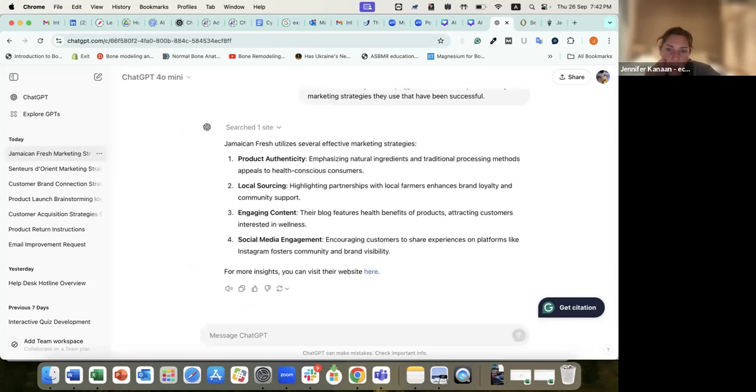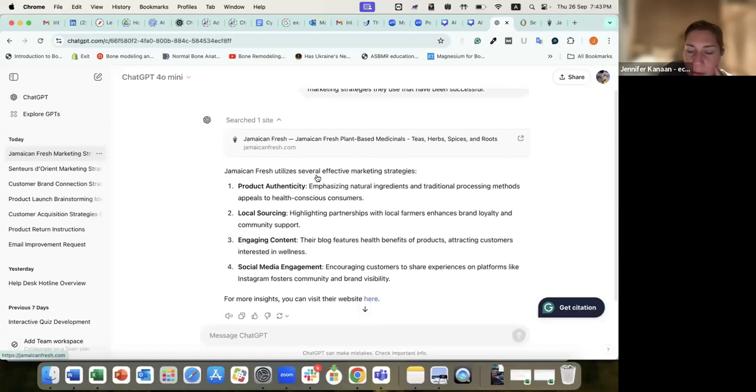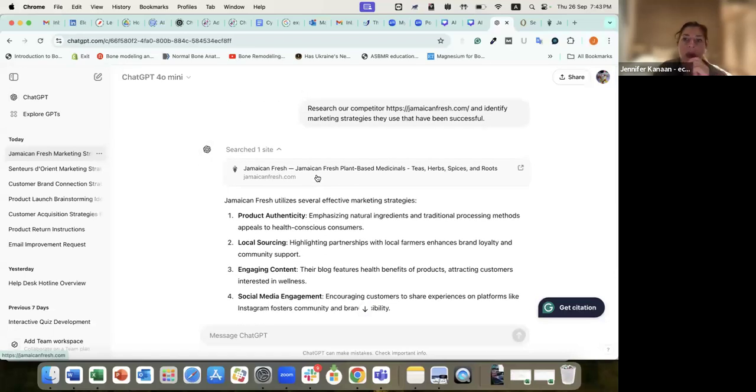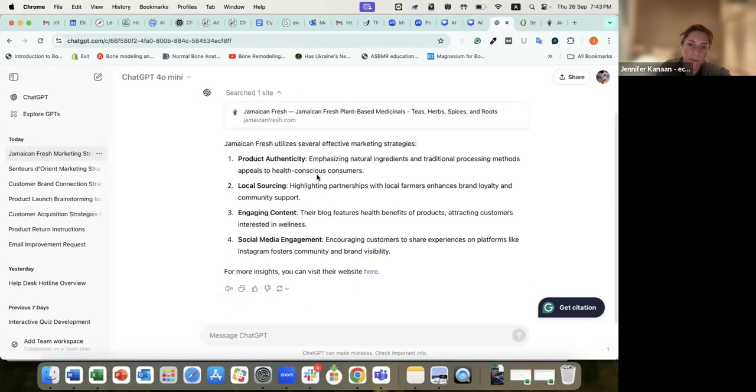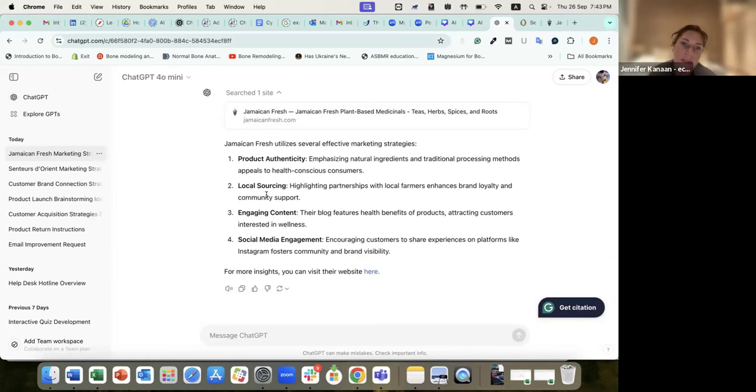Okay, so this is a little bit shorter. I'm assuming because yeah, it's a smaller competitor maybe. So what they did is that they researched their site because apparently there are no other additional sources that talk about Jamaican Fresh. You can also visit the website here. So product authenticity, local sourcing, engaging content, and social media engagement.